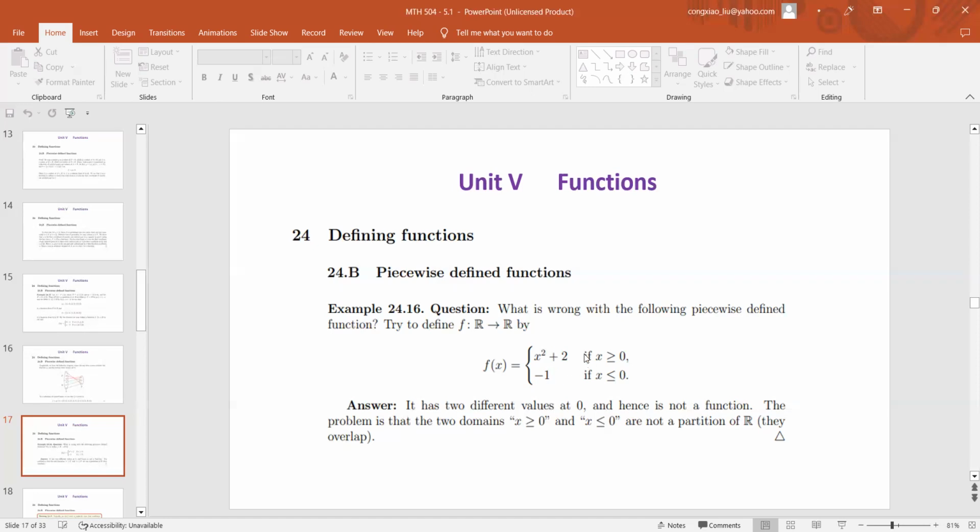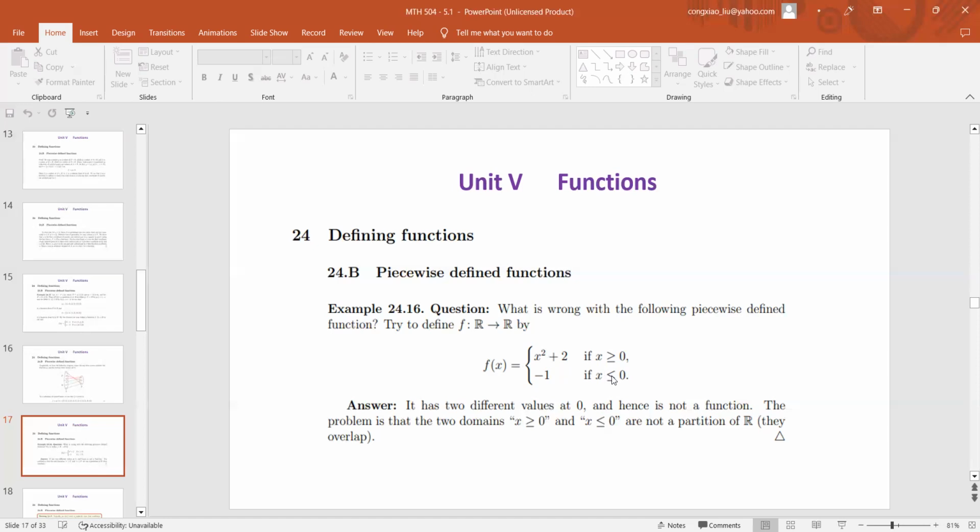That violates the definition of a function. You cannot have 2 different values. When x is 0, if we use the upper formula, you get 2, but you get -1 when you use the second formula.